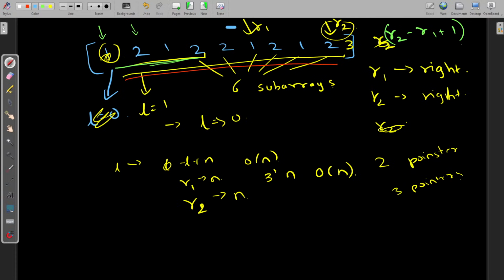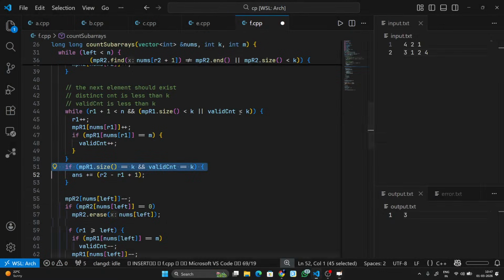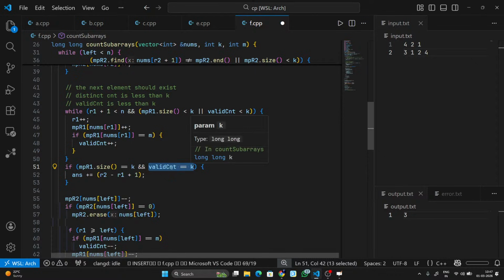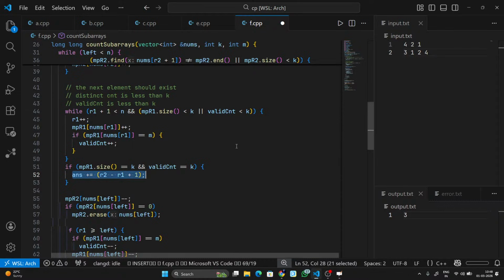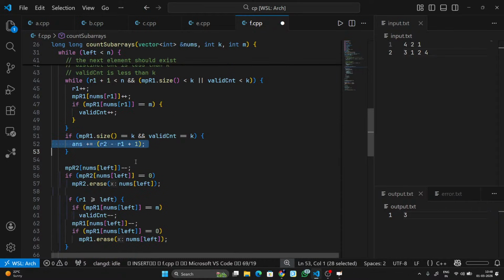So if my map of R1 consists of exactly k distinct elements, and each of the elements has frequency greater than or equal to m, and the count of such elements is also k, and both of these conditions are satisfied, then I will add to the answer the ranges which end between R1 and R2. All the ranges which end in this particular setup, I will add to the answer, which is nothing but R2 minus R1 plus 1. So I'm adding them to my answer.